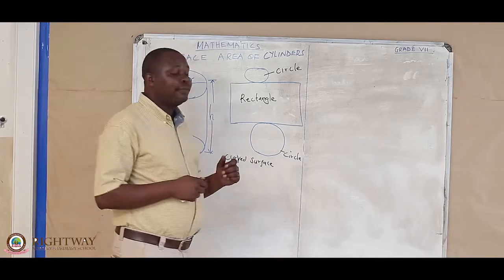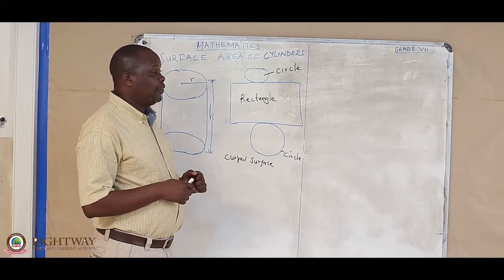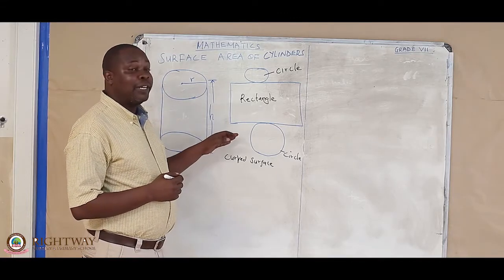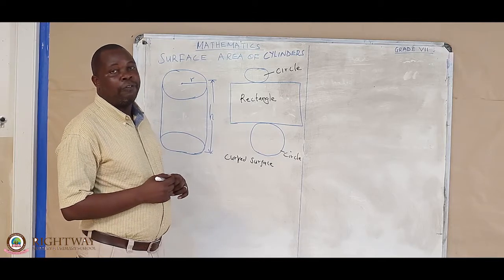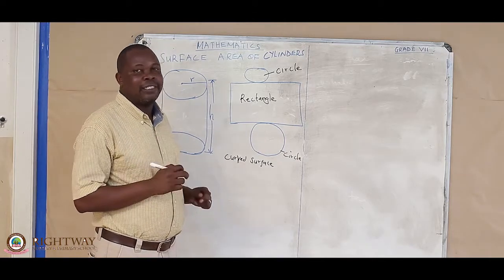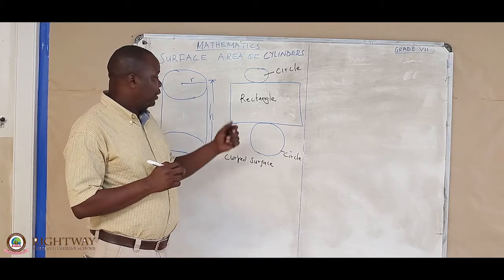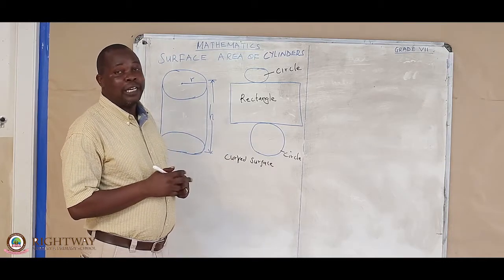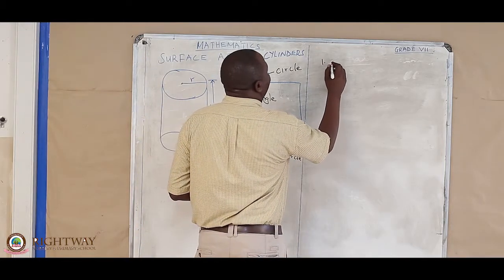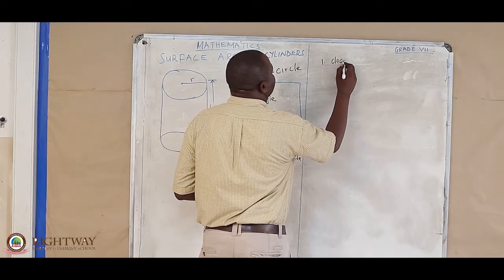Back to our topic. We are on surface area. On this one, I want to derive a formula of how we find the surface area of cylinders. For this one, we have three types of cylinders. The first one, we have a closed cylinder.